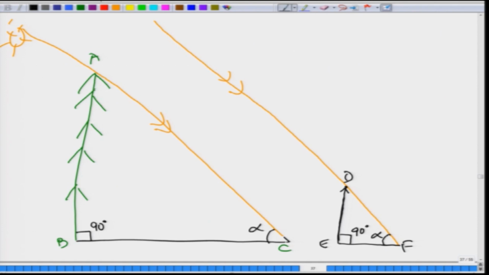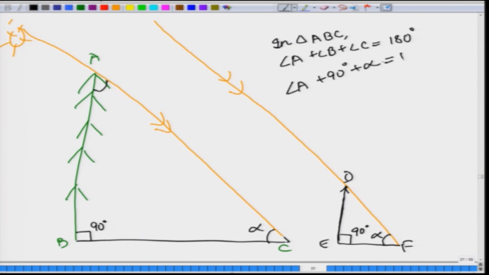Now, in triangle ABC, angle A plus angle B plus angle C is equal to 180 degrees. Angle B is 90 degrees, angle C is alpha, so angle A is equal to 180 minus 90 minus alpha, which is 90 minus alpha degrees.